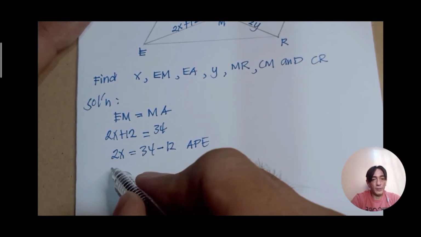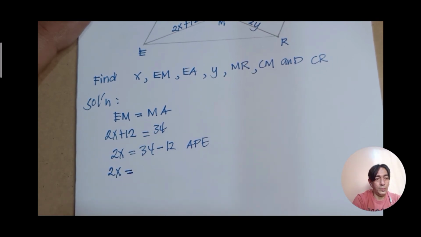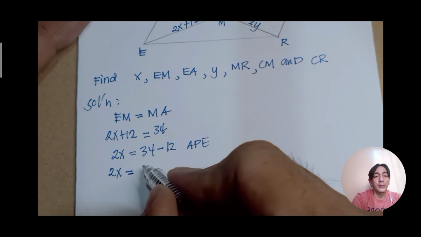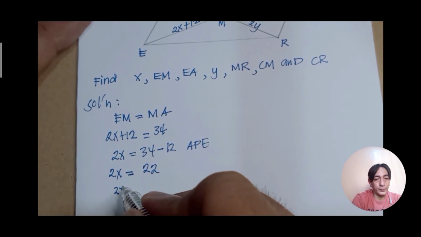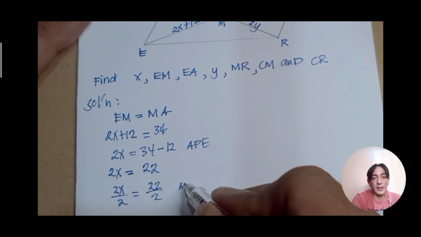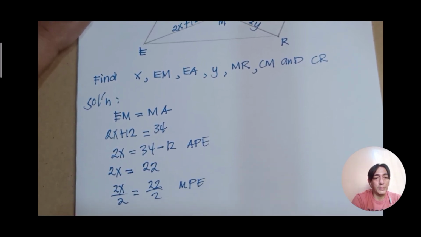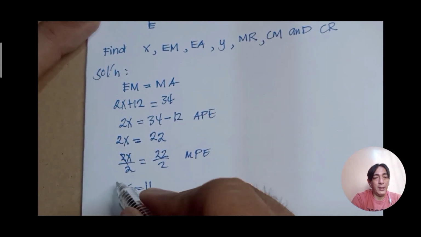So 34 minus 12 will be 22. 2x now is equal to 22. Okay, so divide natin both sides ng 2. Para 1x na lang matira sa left side using the multiplication property of equality. Okay, so x equals 11.